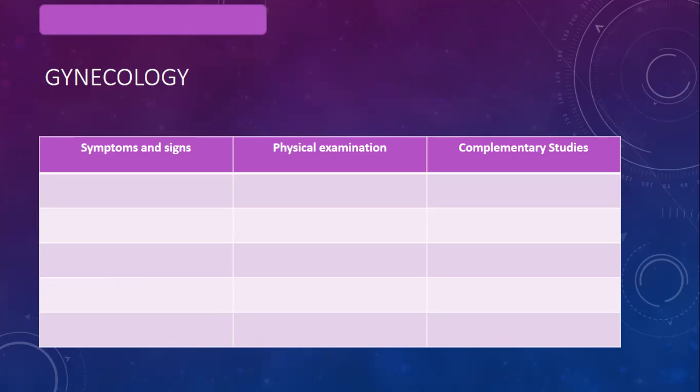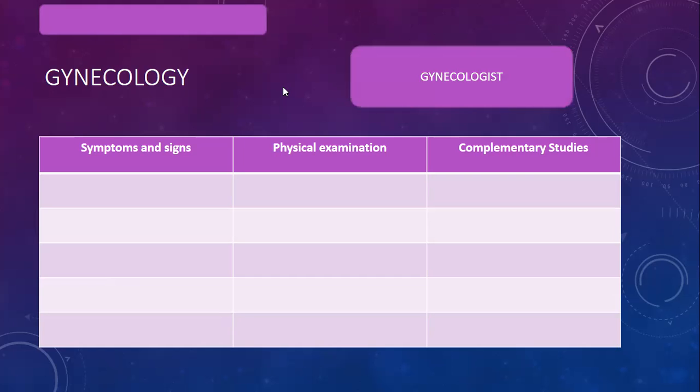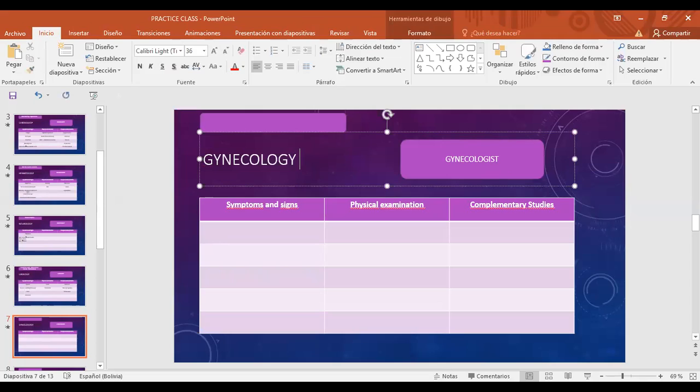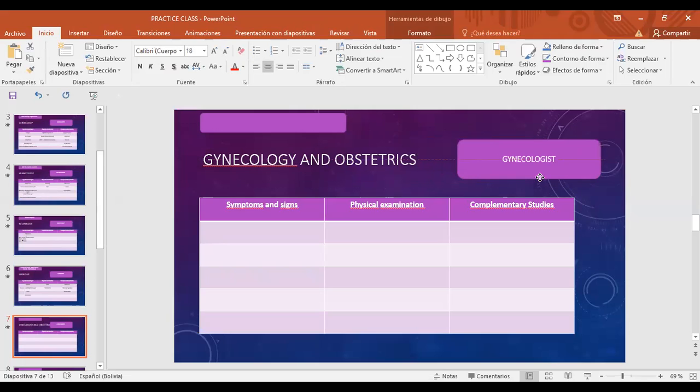Obstetrist. Obstetricist. I'm not very sure. Okay, I'm going to write it down. You were right about the first one. It's a gynecologist. However, there's another word, right? Here, gynecology and obstetrics.